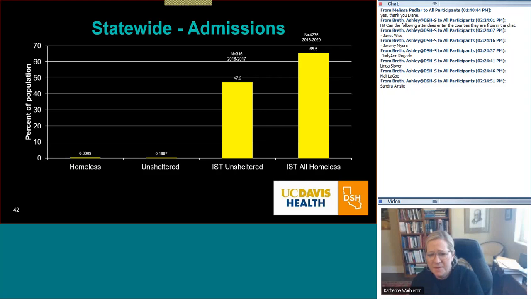And when you compare that to 0.199% of people in California compared to 47% of the IST population, it's pretty remarkable. There's been an ongoing coding process looking at IST admission packets since 2018, and over 4,000 packets have been coded. And that coding process looks at all homelessness, not just unsheltered. And when you consider all homelessness statuses, it's 65% of all the people that we're admitting as incompetent to stand trial who are homeless at the time that they're arrested on the instant offense. Next slide, please.